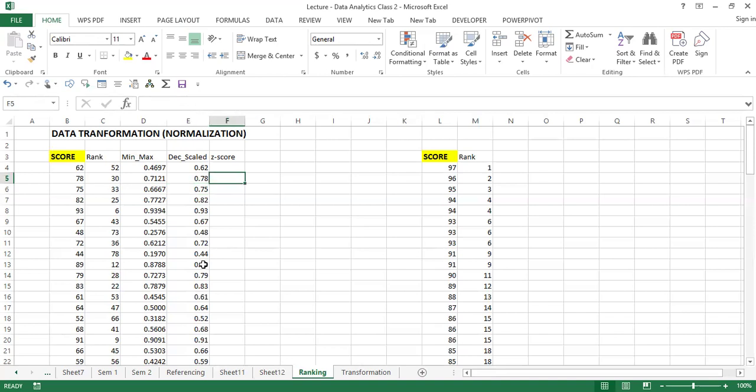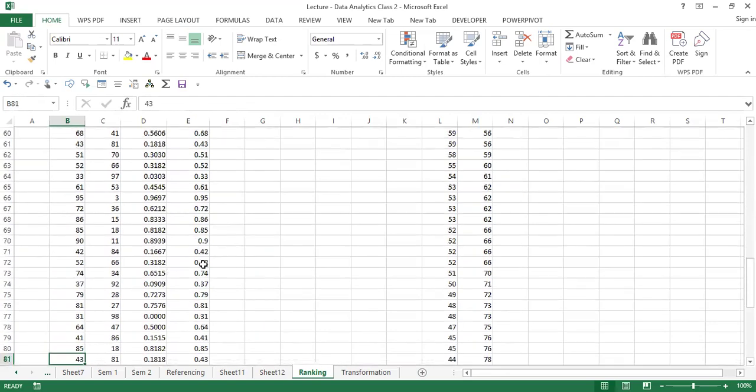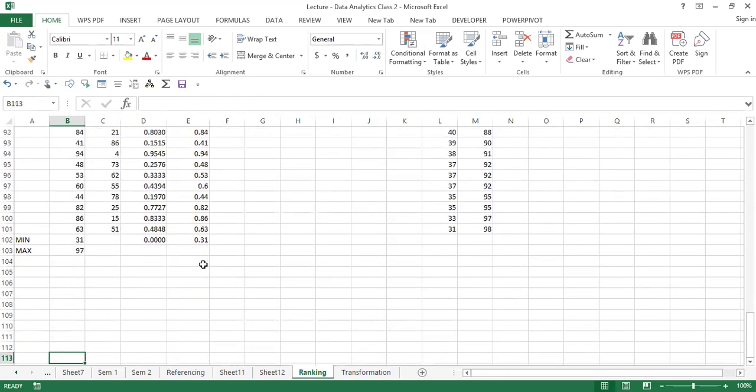All right, so how do we compute z-score? How do we do z-score transformation? We are going to first of all compute the mean. You can give us the formula for mean.